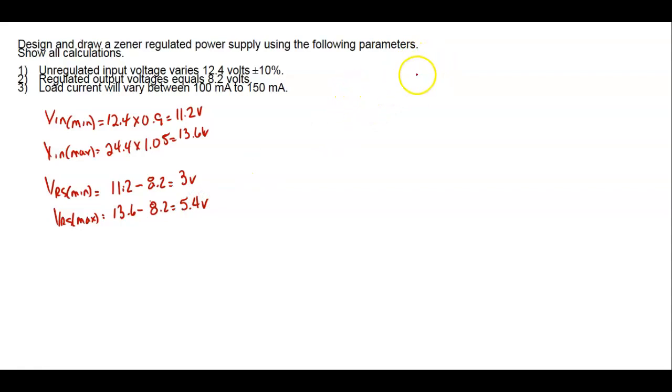Okay, let's draw our circuit like this this time. This is a positive regulator. I'm going to take my output in parallel with the zener, so whatever's across the zener is going to be across the load. VZ is equal to 8.2 volts. My load needs 100 milliamps through 150 milliamps.